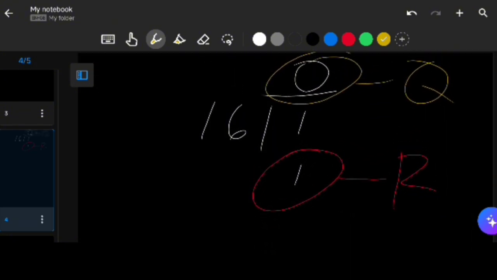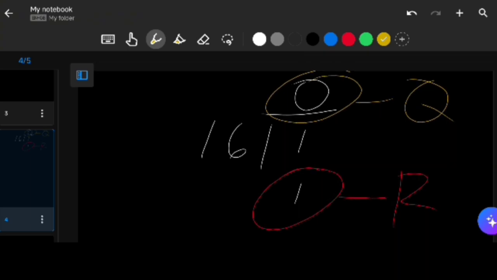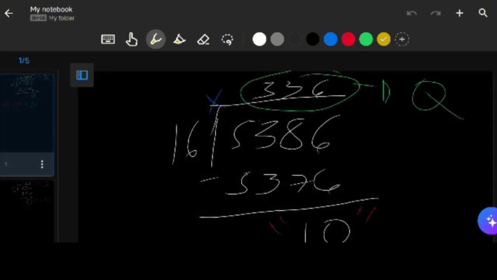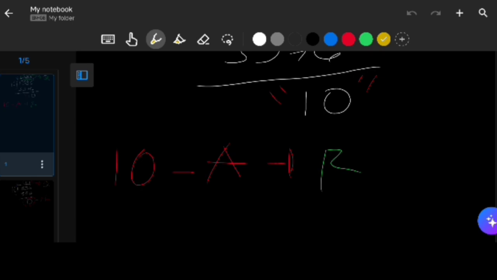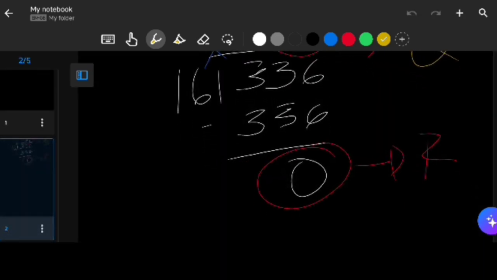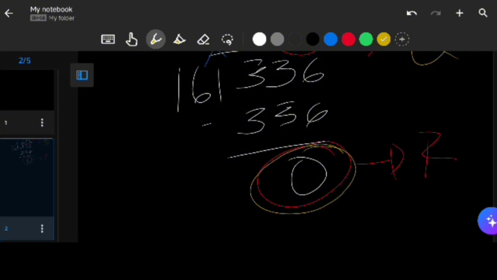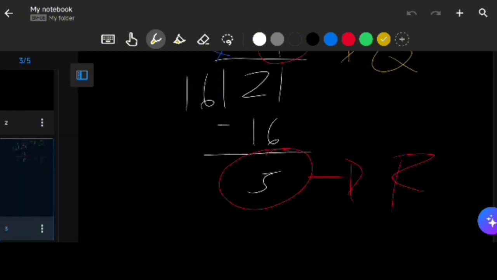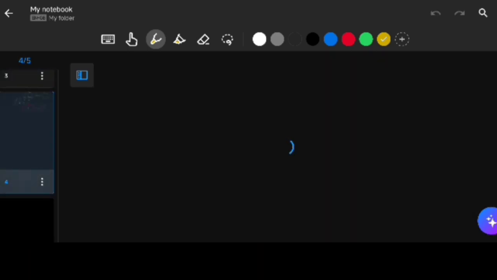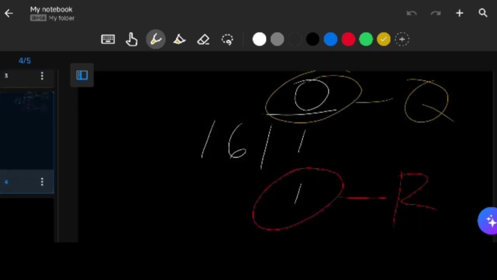So, let's all gather the remainders. Remember, we write them from bottom to top. Okay. Yung first remainder natin is A. The second is 0. The third one is 5. And lastly, we got our 1.